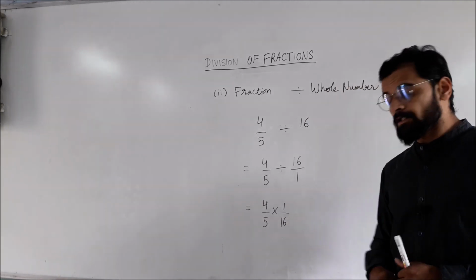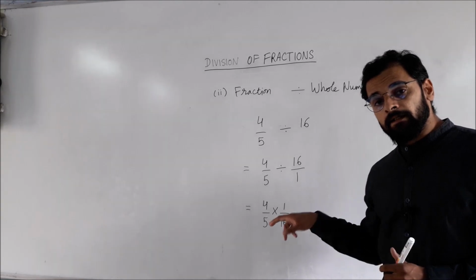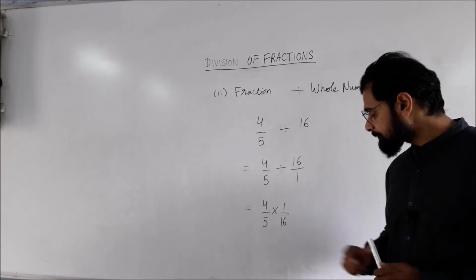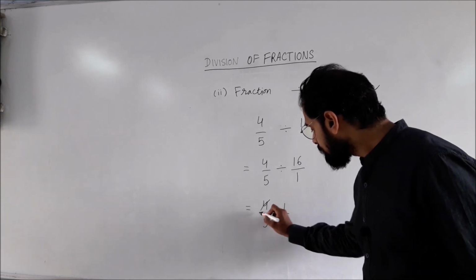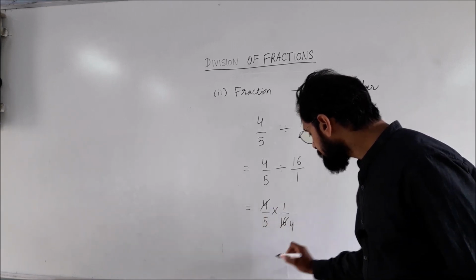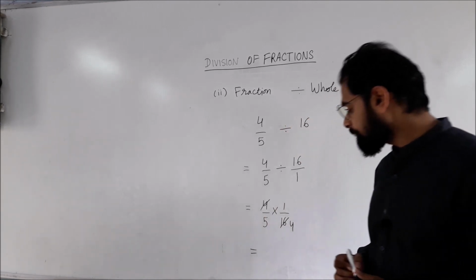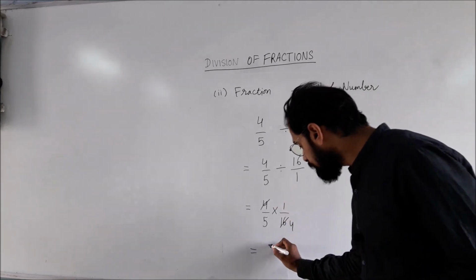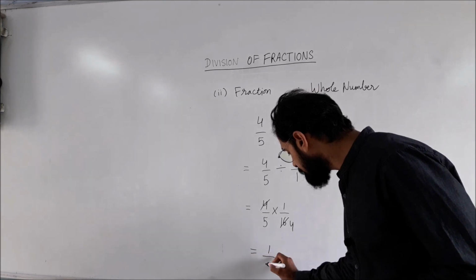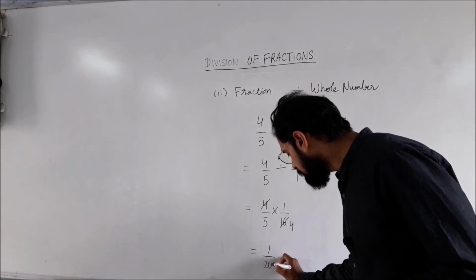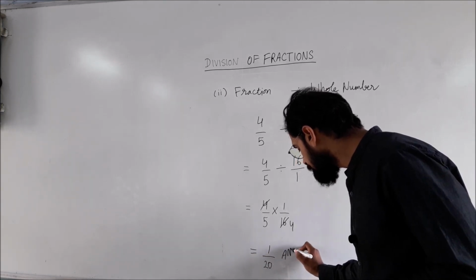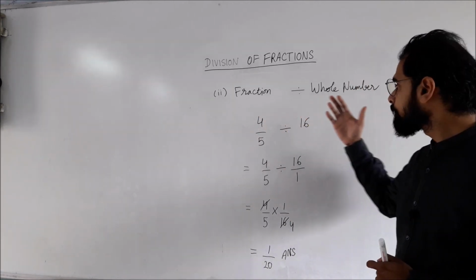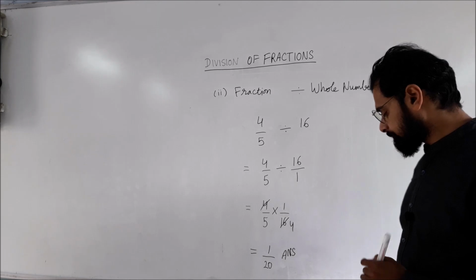Now here you can see 4 can cancel out this 16. 4 is in the numerator, 16 is in the denominator. 4 4s are 16. We are left with 5 into 4 in the denominator and 1 into 1 in the numerator. So the numerator becomes 1 and the denominator becomes 5 into 4, 20. This is the answer for this question. Here we have divided a fraction with a whole number.